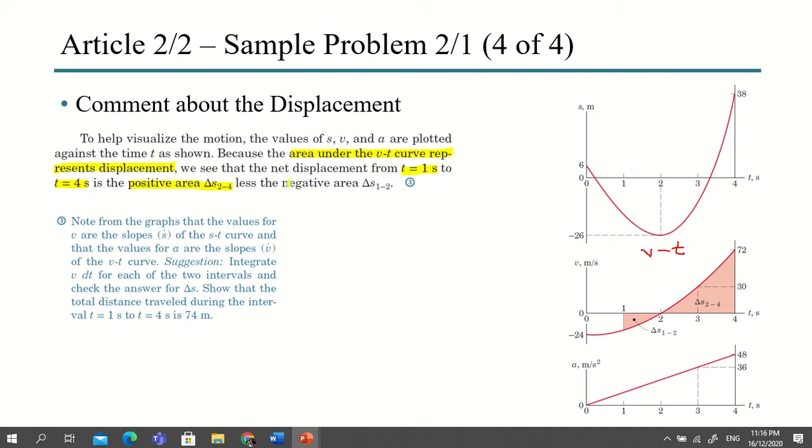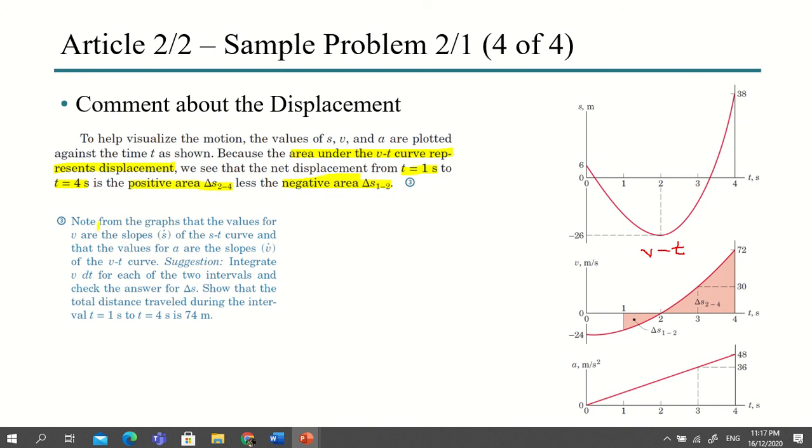Less means minus. So we got the result, the difference, that is 54 meters.